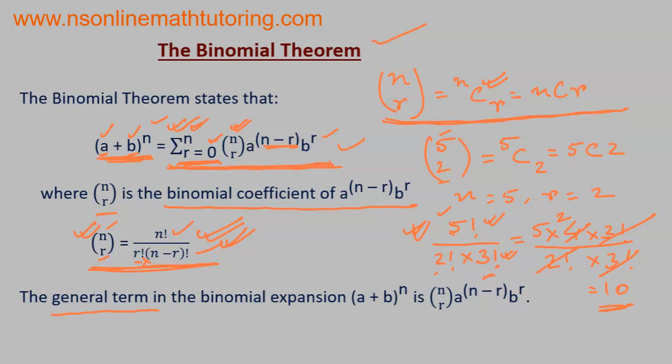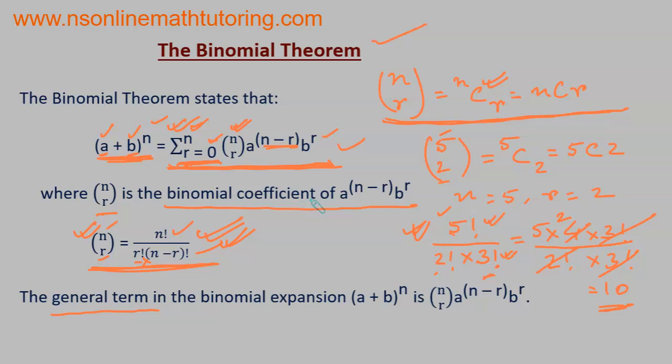But there will be questions in which you will be interested in getting only a single term. Like in our previous video, there was a question: find the coefficient of the term which contains a to the power of 3 and b to the power of 3.